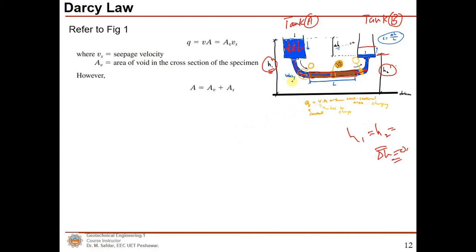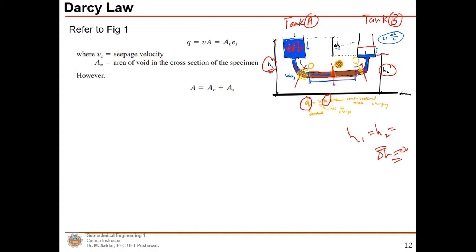Now we can clearly see that if we take a cross-sectional area at this point, at this point and at this point, the cross-sectional area is changing at these three particular points. Now Q is constant and the cross-sectional area is changing.